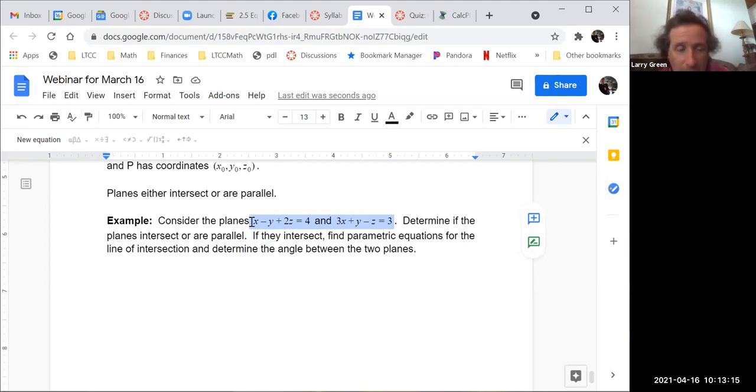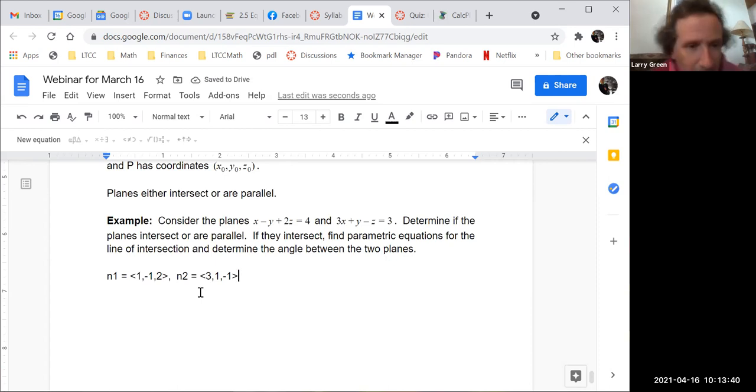The first normal vector, n1, is equal to 1, -1, 2. And n2 is equal to 3, 1, -1. And those are clearly not multiples of each other. They're not in the same direction. So the planes intersect.